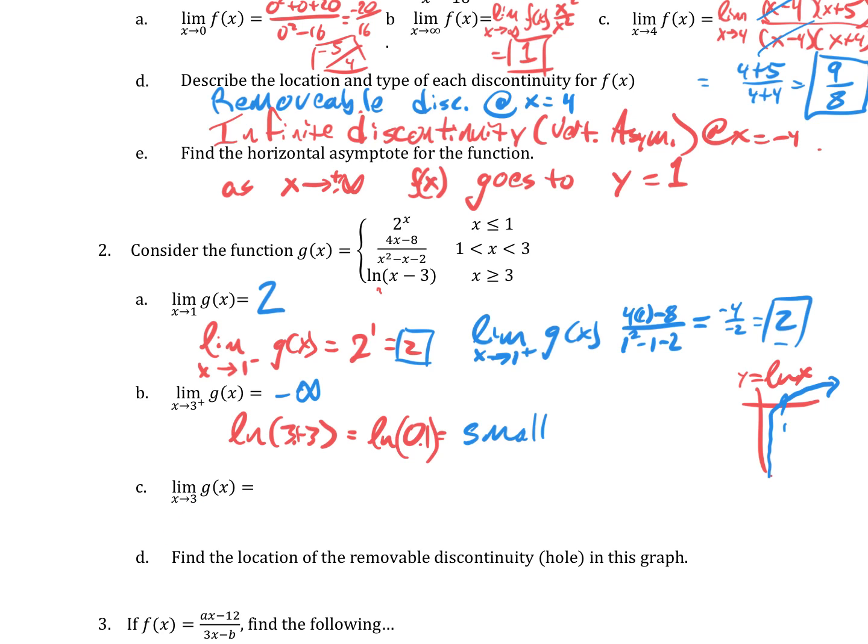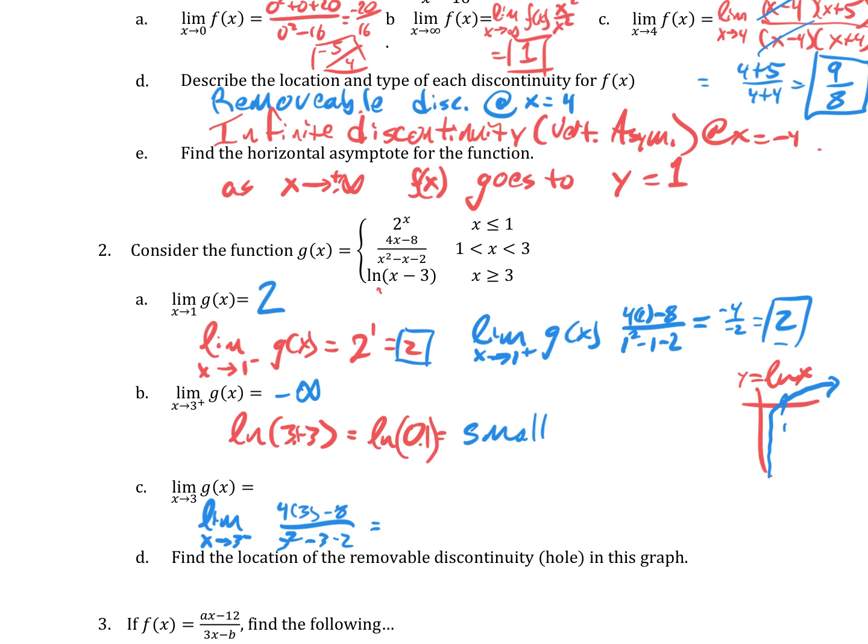How about g of x, the limit as x goes to 3? Well, this one's going down to negative infinity from the right. As x goes to 3 from the left, well, I think it's defined. Let's just check that out. The limit as x goes to 3 from the negative side, the left side, I believe we're fine there. 4 times 3 minus 8. And if you plug in 3 on the bottom, 3 squared, which is 9, minus 3 minus 2.